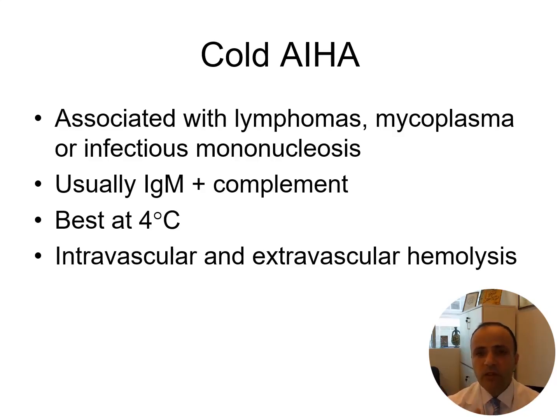So this will lead to complement activation. So the cold autoimmune hemolytic anemia is much more serious. It usually acts best at 4 degrees, and because it's much more aggressive, it can cause both extravascular and intravascular hemolysis, and really the mortality rate is quite high from that.